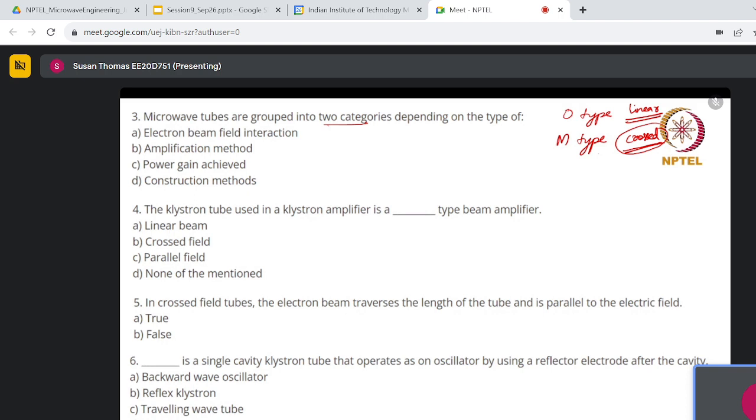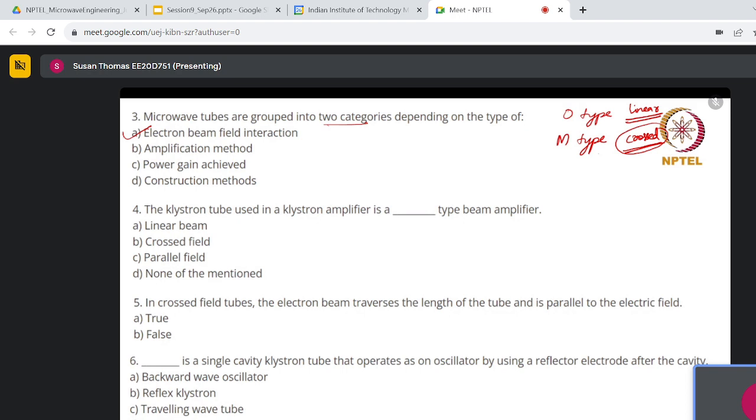So basically it is being divided into two categories based on the electron beam field interaction. I hope you understood this. Right answer. Now going to the next question, because these are just conceptual questions, I am just moving through. If you have any doubts, you can ask.